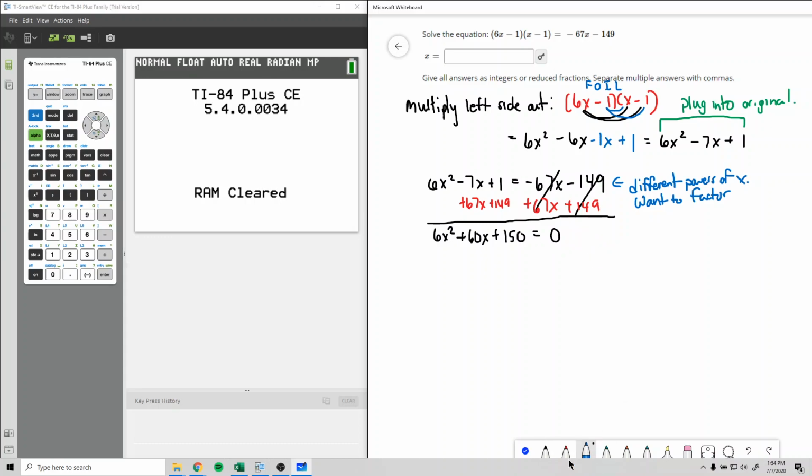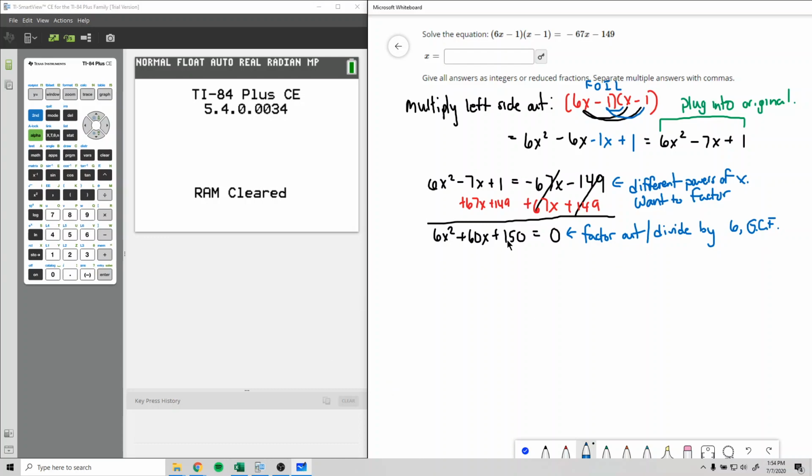Right now, at this point, it's natural to just try to factor it like we normally would. But there is a common factor in each of these, and that is actually 6. You can divide every single one of these by 6. So you can think about factoring out or dividing by the 6, which is the greatest common factor.